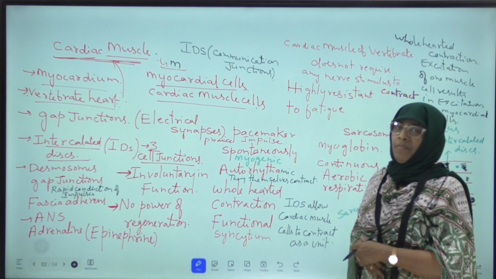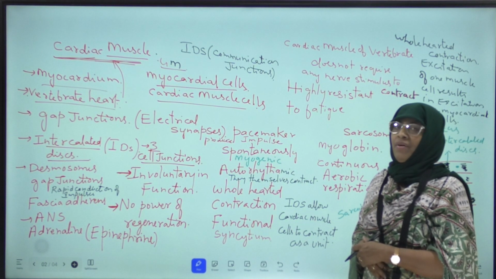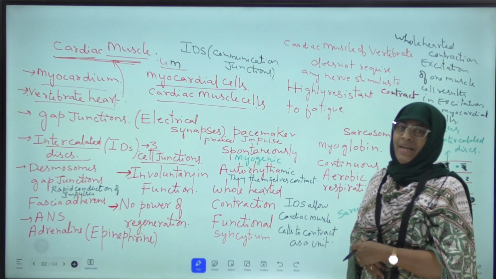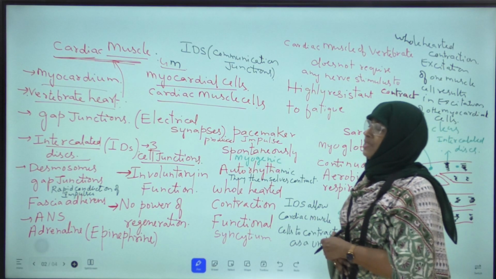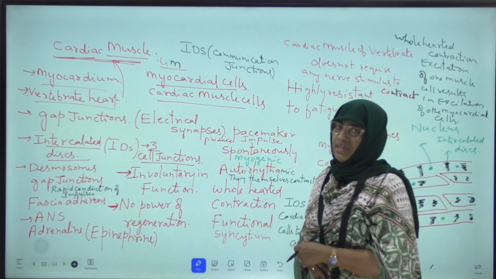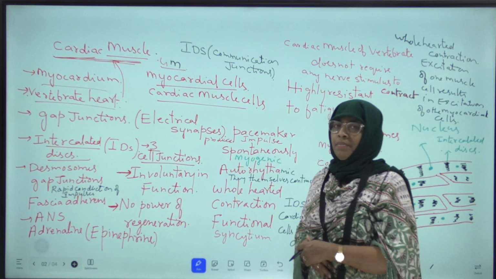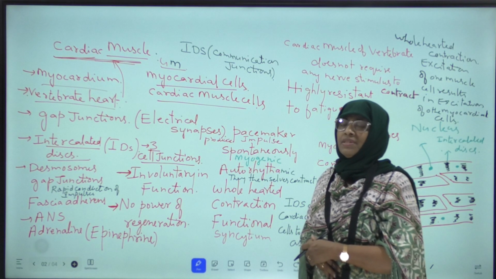Visceral muscles are found attached to our internal organs, and they are involuntary in function. Cardiac muscle is also involuntary in function, so it functionally resembles smooth or visceral muscle.